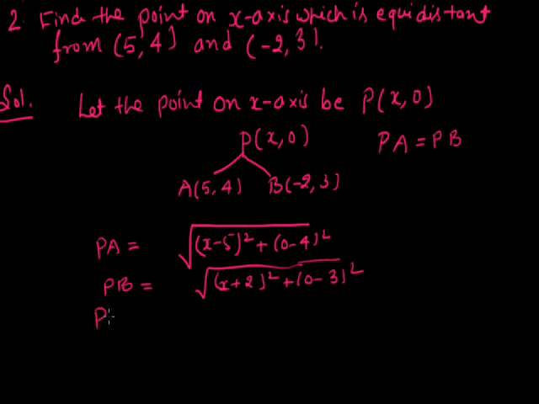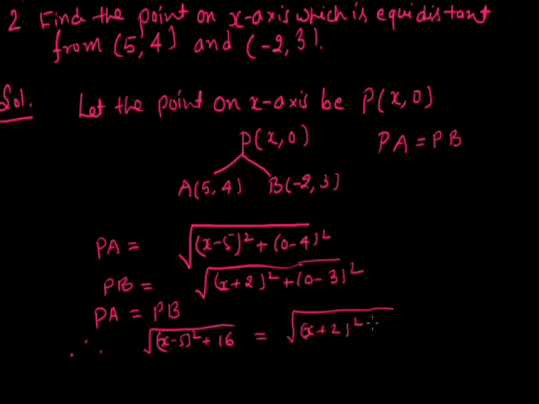Now it is given PA equal to PB. So under root (x minus 5) whole square plus 16 is equal to under root (x plus 2) whole square plus 9.